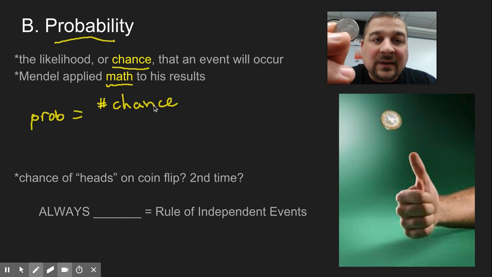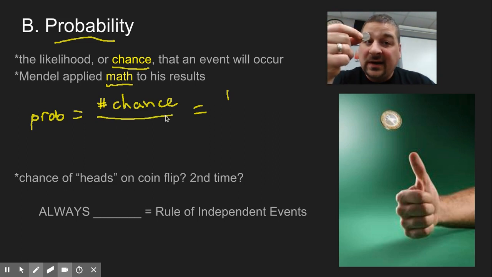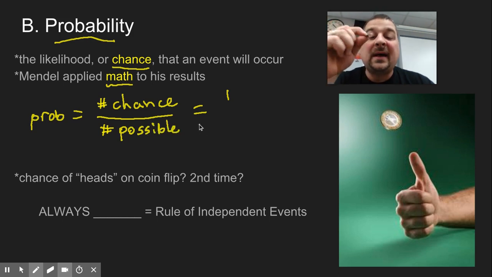It's not a trick nickel. There's heads, there's tails, so the number of chances is 1, out of the total number of possible events.